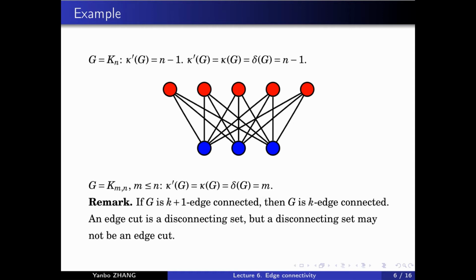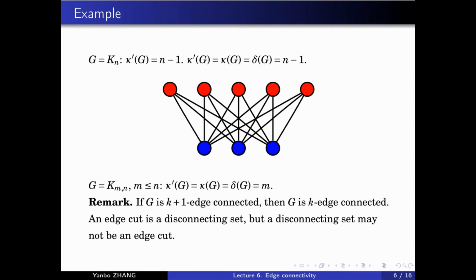These three edges form an edge cut. So it's easy to see that the edge connectivity of K_{3,5} is 3. Thus, for K_{m,n}, where m is less than or equal to n, its edge connectivity is m. Also, its connectivity and minimum degree are m.